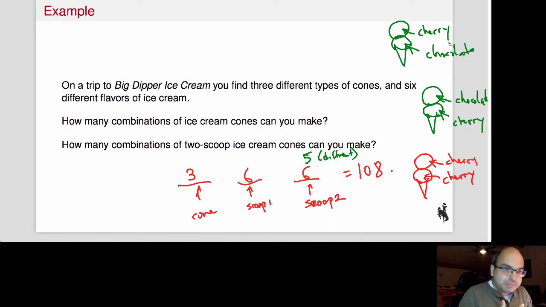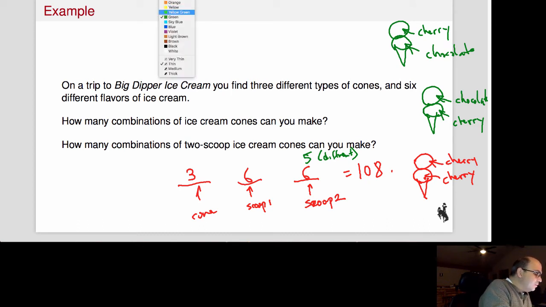If they're the same, then, well, we're done. If they're different, then I'm going to, well, let me rephrase that. If I consider these two things to be just the same scenario, this is just cherry and chocolate in whatever order, then I've actually picked too many.